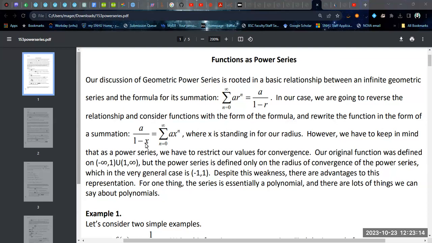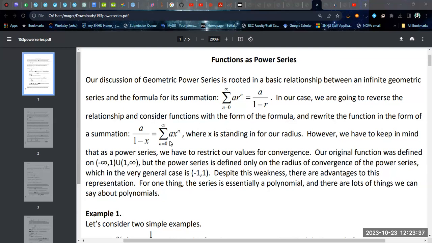But we're going to use this template in the reverse direction to take our rational function and turn it into a power series. Now, the power series that we're going to get in many cases is not going to be convergent on the entire interval in which the original function was convergent.